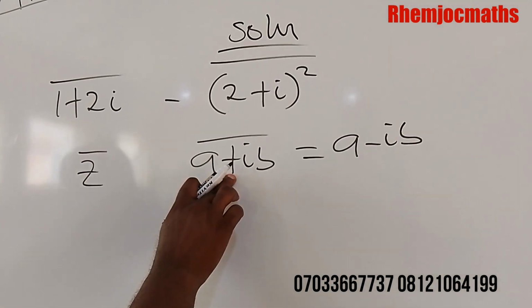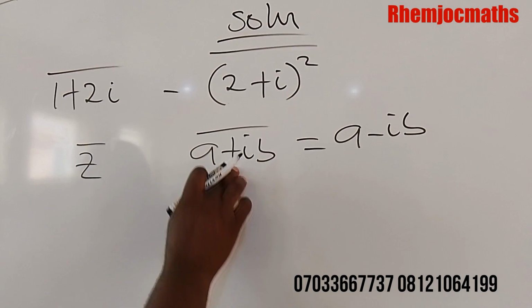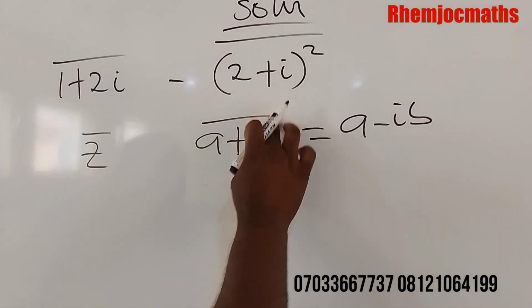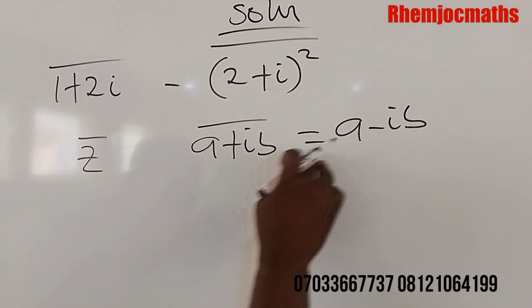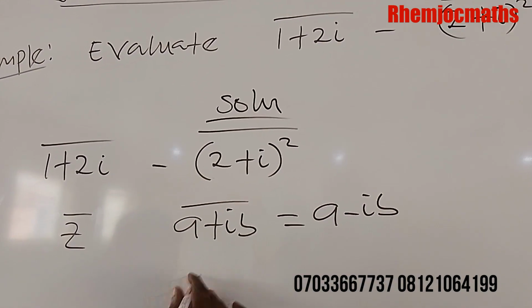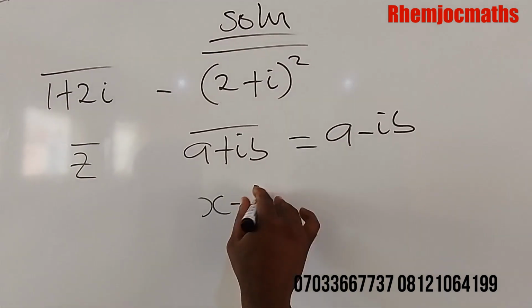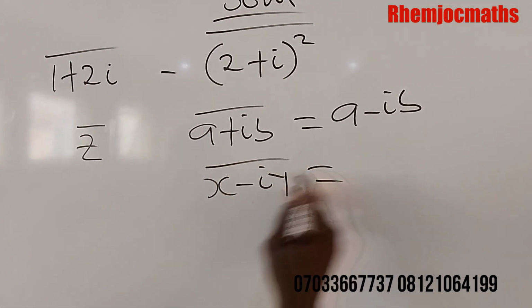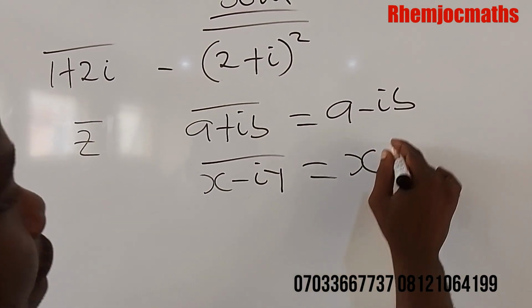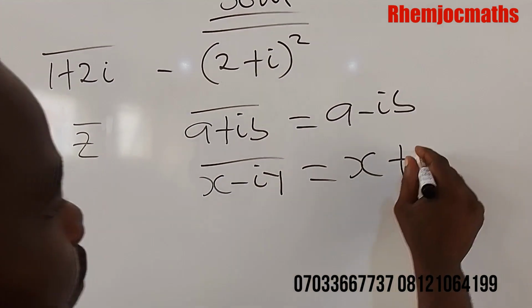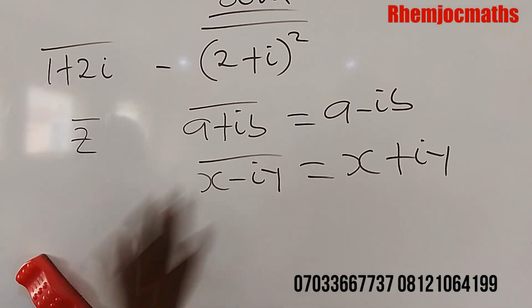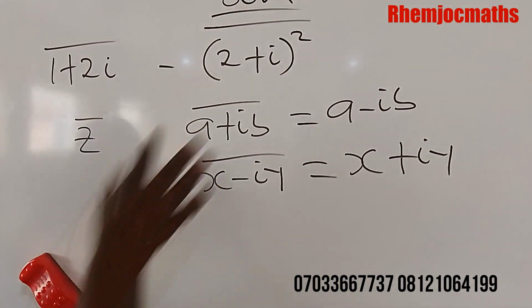Because the operation here is plus, so the opposite of plus is minus. Then the conjugate of x minus iy, since the operation here is minus, will be x plus iy, the opposite of minus being plus. Is that clear? So we are going to apply this to solve this problem.